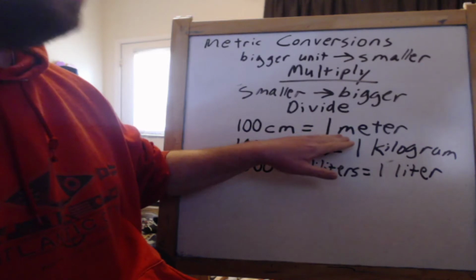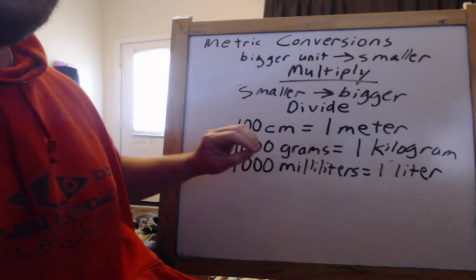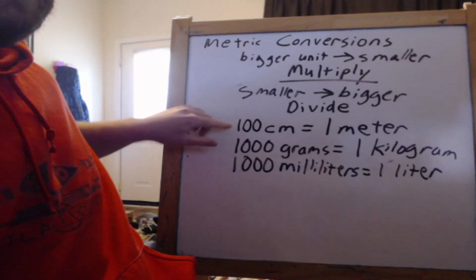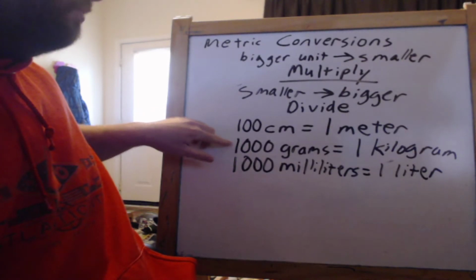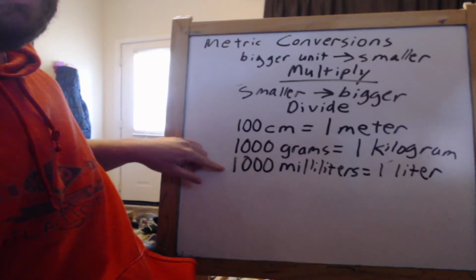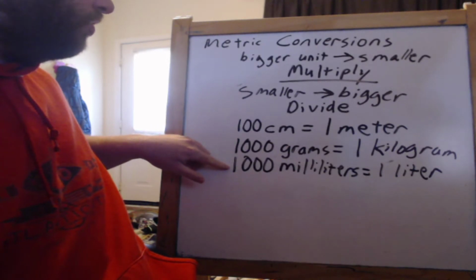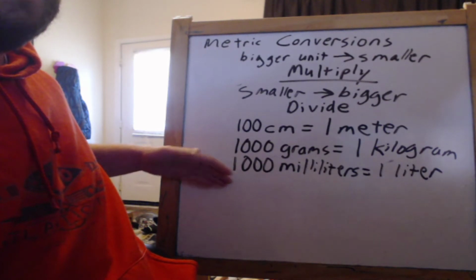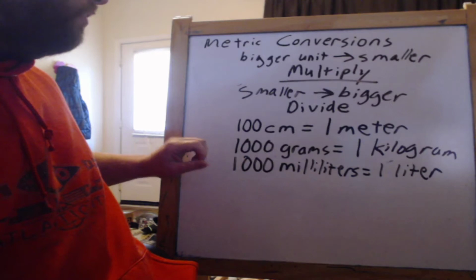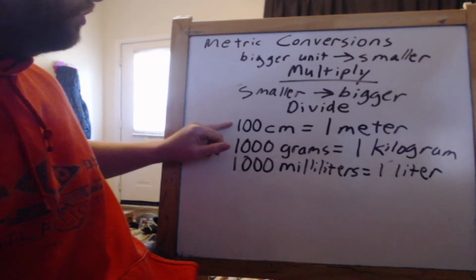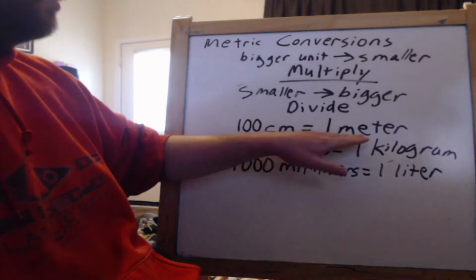So, just to put this in perspective, meters and centimeters are obviously length, grams and kilograms are mass or weight, I guess you could say, and milliliters and liters are volume of liquids, right? So the amount of liquid you have.